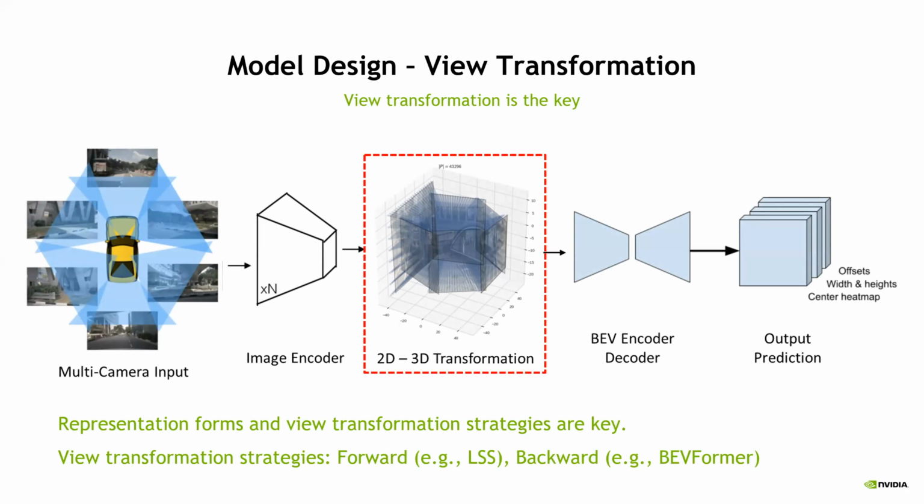You have multiple camera inputs, an image encoder that encodes them, and then a 2D to 3D view transformation module that lifts these 2D image features into a BEV, a Minecraft-like world space centered at the ego vehicle. Then you have an encoder-decoder in the BEV space, and finally you do the prediction. This view transformation, whether forward or backward projection, is very important. It's at the core of BEV perception.